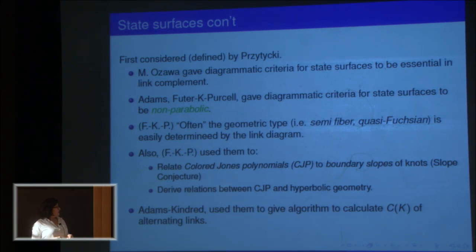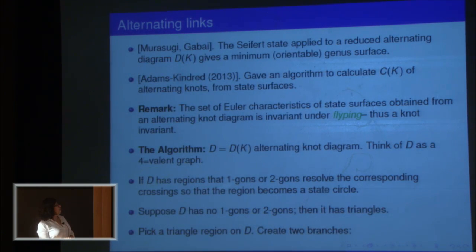And so Adams and Kindred found another application of these surfaces, which is to determine the non-oriented genus of alternating knots. All right, and going back, in the case of alternating knots, a result of Gabai and Murasugi says that if you start with an alternating projection, is that right?